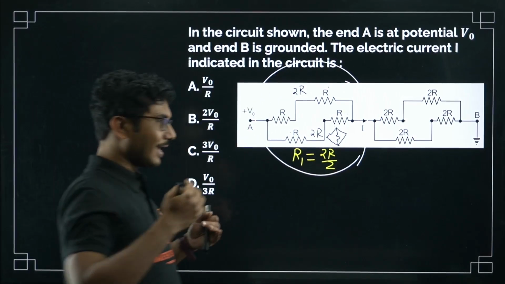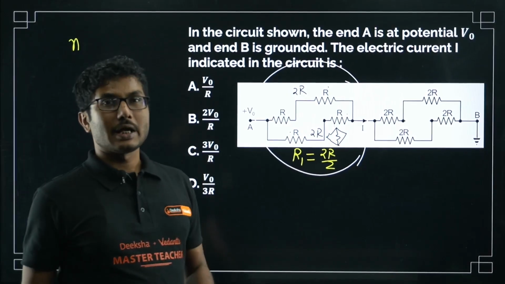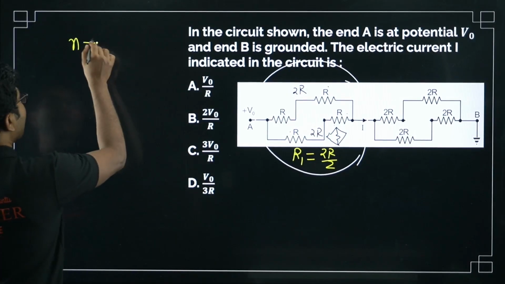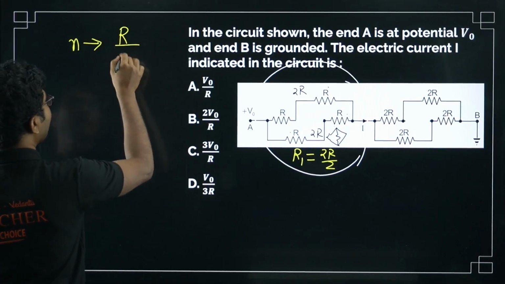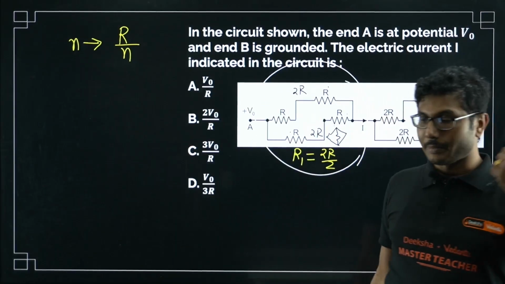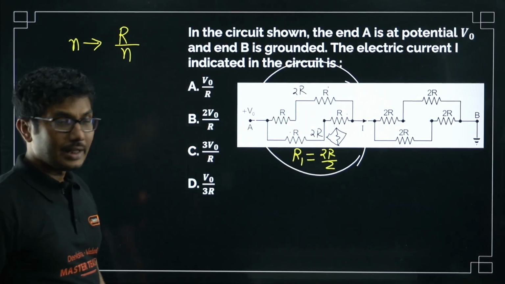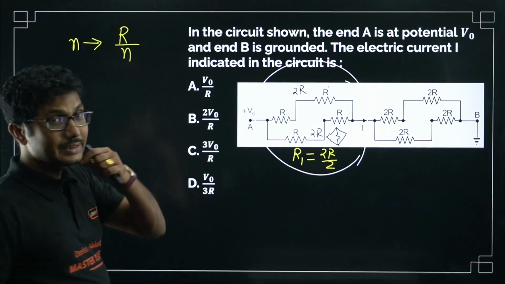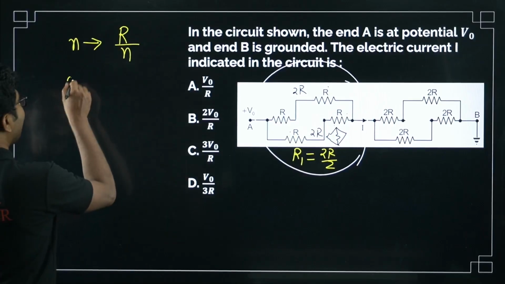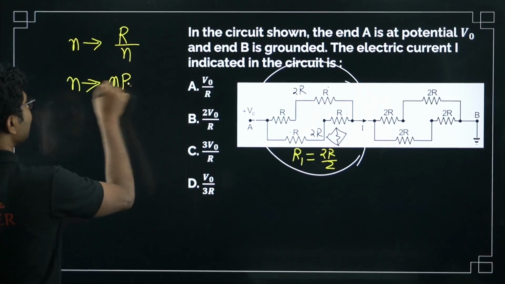If n equal resistances are connected in parallel, their equivalent resistance is R by n. I forgot to give you this formula earlier. Similarly, if n equal resistances are connected in series, their equivalent resistance is nR.